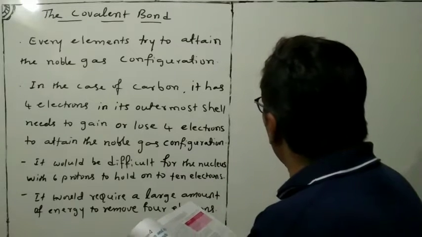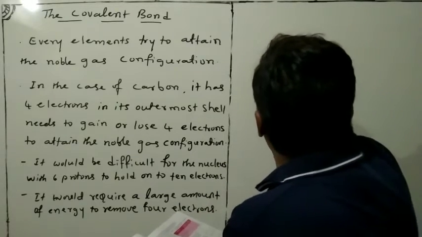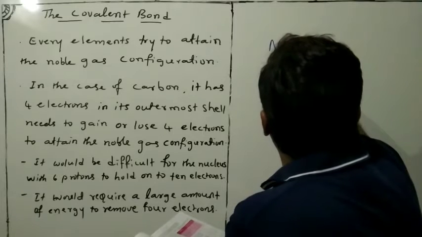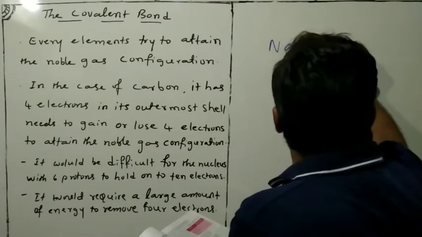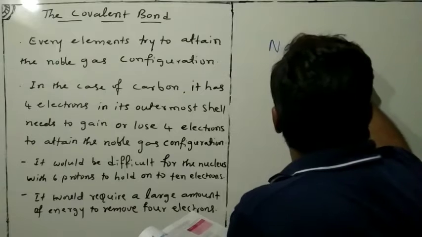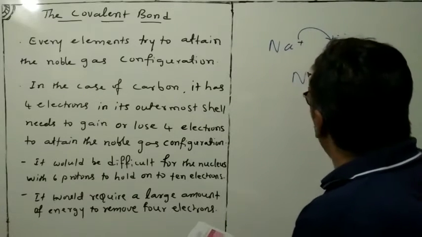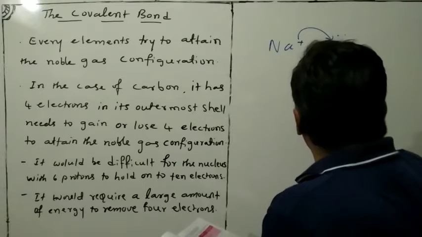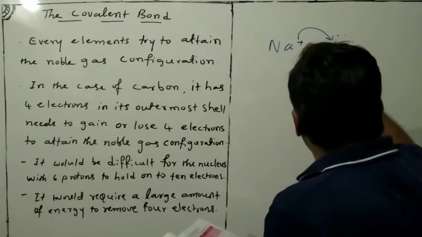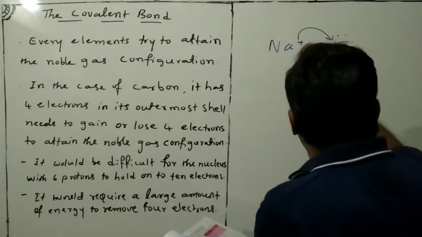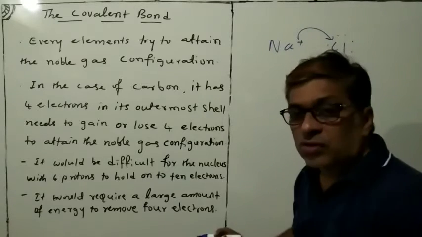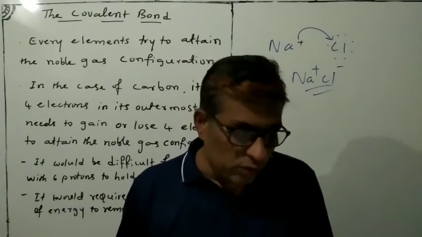For example, sodium has 1 electron in its outermost shell, and chlorine, you know that. So it will be transferred like this. So sodium positive and chlorine negative. In this way, sodium chloride is formed. So this is an ionic compound.